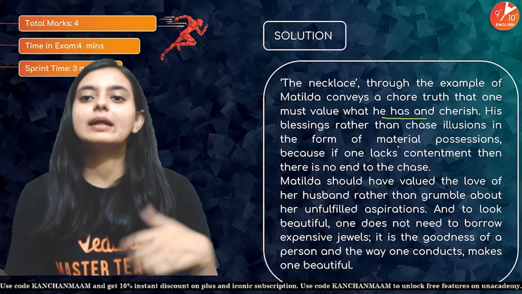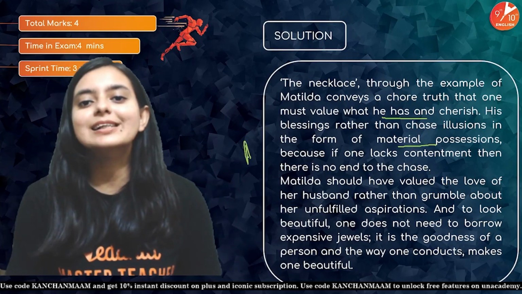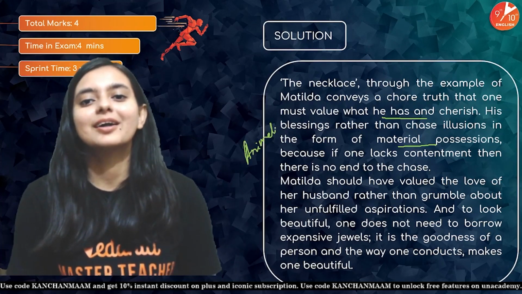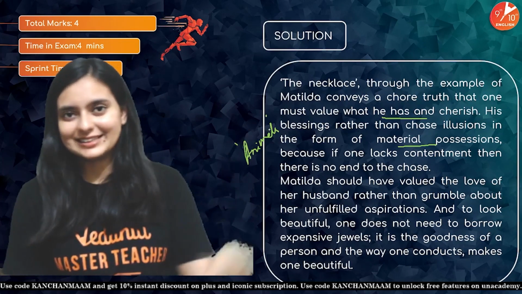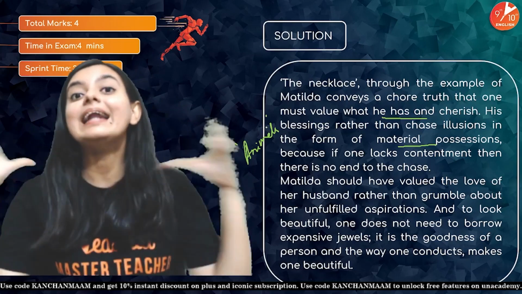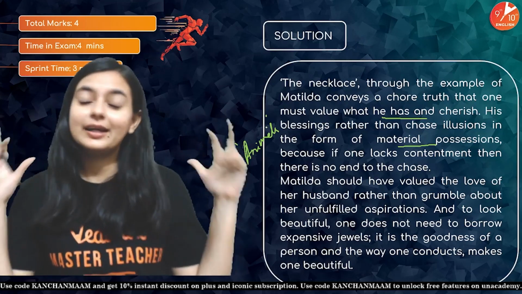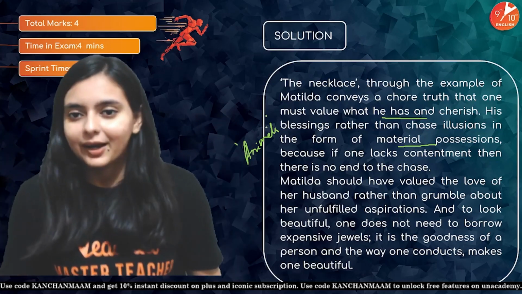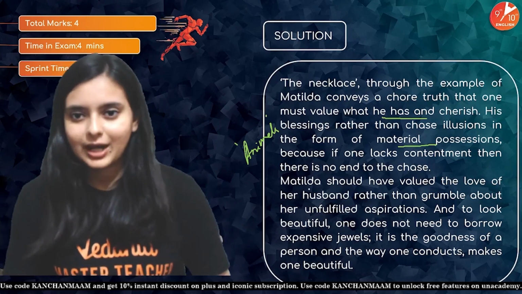Because we run behind materialistic possession. You can quote the poem Animals here. Running behind materialistic possession, we are never satisfied, and that is why we have the mania of owning things. That's what the poet calls mania. That is something which you can write over here. It would add up to your answer.